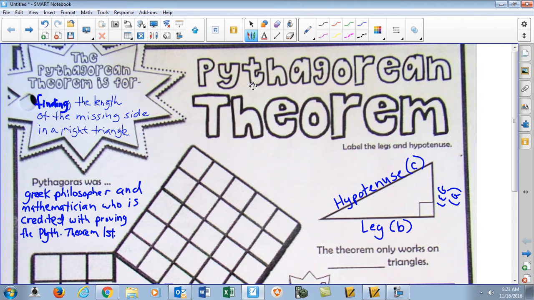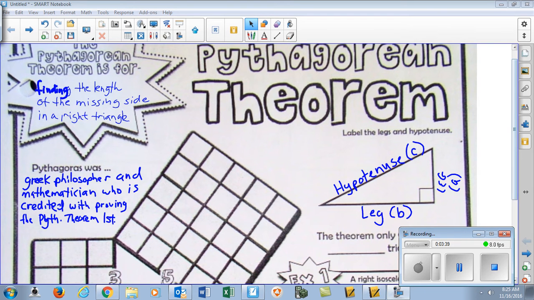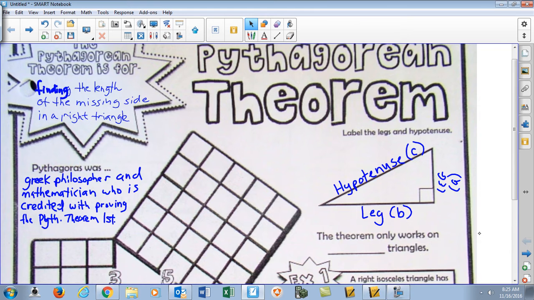He was the guy who discovered it, Pythagoras. So he was a Greek philosopher and mathematician who is credited with proving the Pythagorean theorem first. Give you guys a second here to catch up on the notes. While you're taking a second to catch up, we're going to pause this. Alright, now we're caught up on the notes.